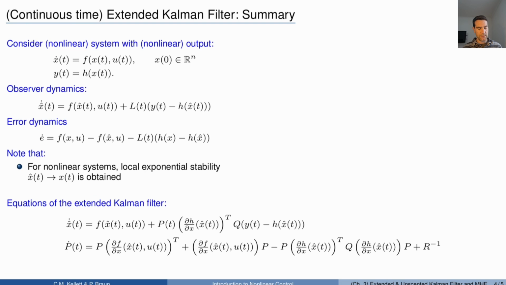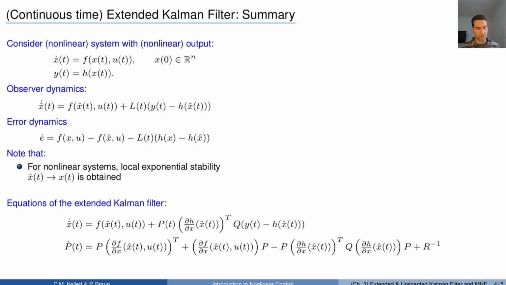And to implement the extended Kalman filter now, or this observer here, we need to implement this differential equation with respect to x hat, containing additionally the term L of t, which we have defined on the previous slide.